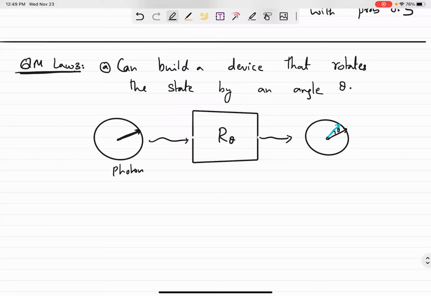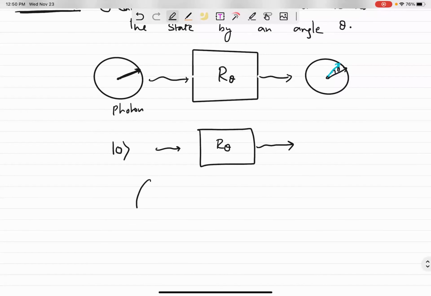All right. So for instance, if I pass in the state 0, what would I get out of it? Well, you can see, right? Let's say this is 0. If I rotate by theta, I should move here. Now, what is this point on the circle? Well, we also know the exact formula with trigonometry, right?